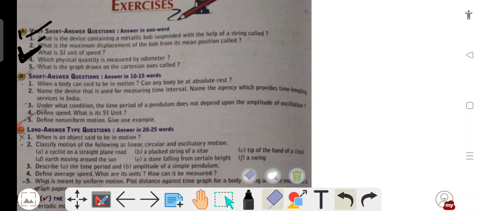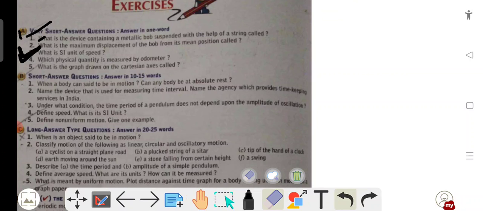I repeat: by the odometer, distance traveled is measured, and by the speedometer, the speed is measured. Then we move on to the next question.